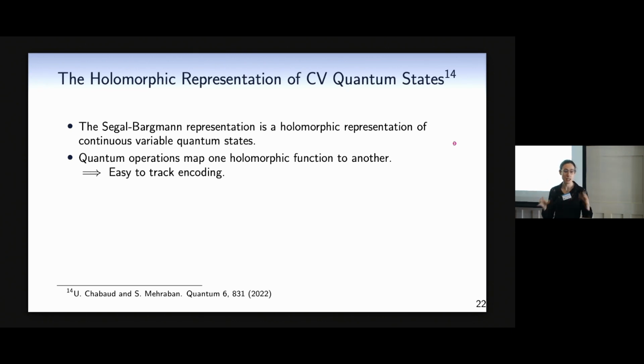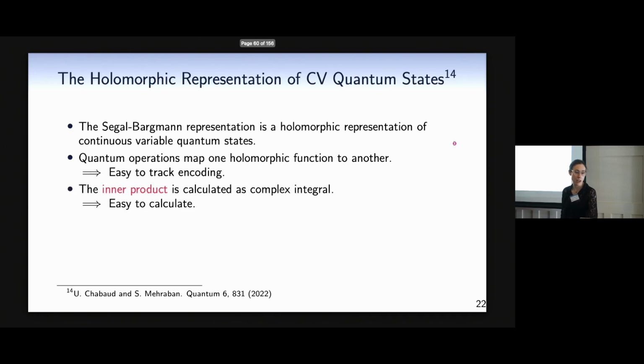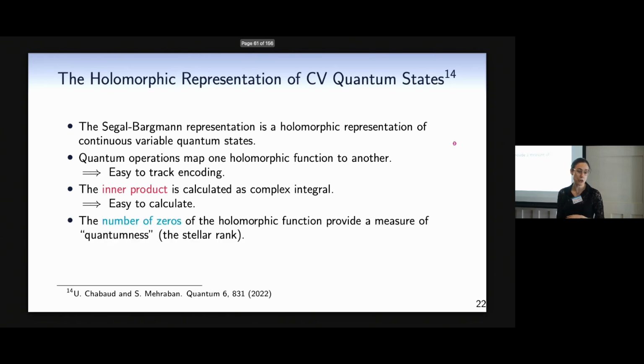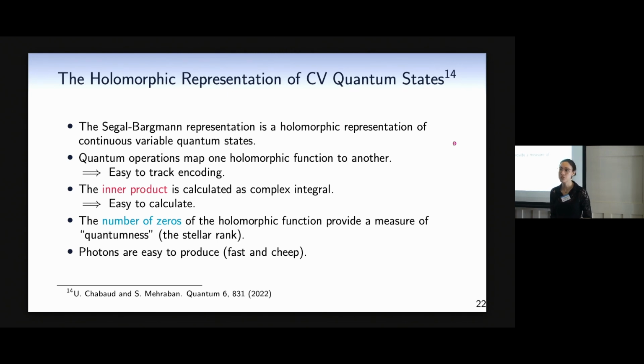One is that quantum operations on these states will map one holomorphic function to another holomorphic function, so it's easy to track encoding in that sense. Inner products are easy to calculate, just a complex integral or a series of complex integrals. The number of zeros of your holomorphic function provides a natural measure of quantumness through the stellar rank. And photons are pretty easy to produce, so they're fast and cheap.